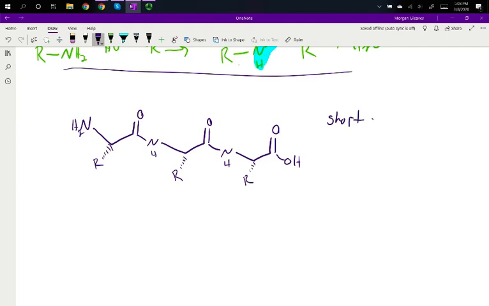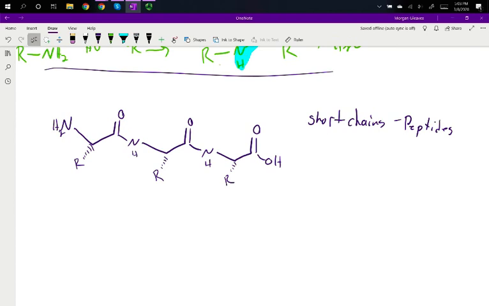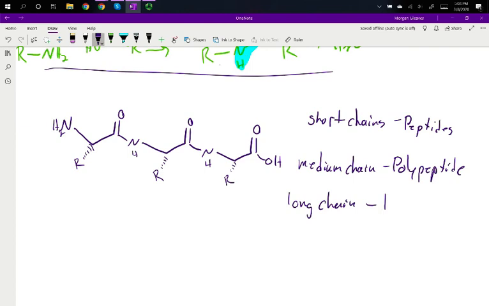Think back to sugars when we had monosaccharides, disaccharides, oligosaccharides, polysaccharides. They have different names for chain length. Short chains are peptides. Medium chains are polypeptides, and long chains are proteins.